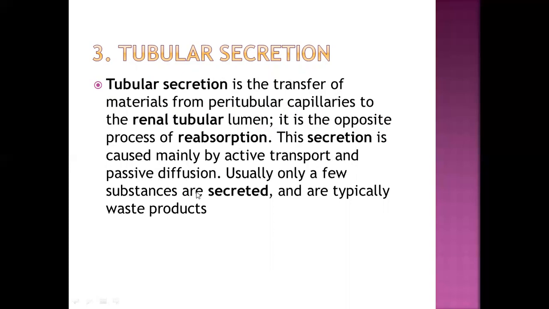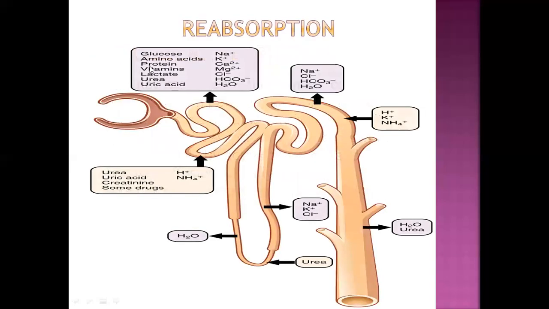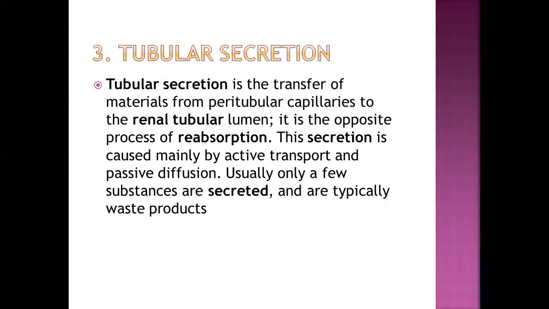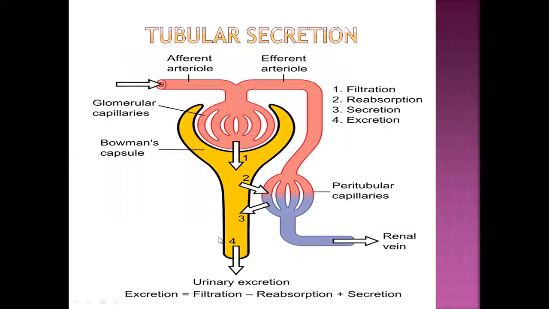Materials are reabsorbed into the blood because these tubules are porous and help in the secretion of these substances. Usually only a few substances are secreted, and they are typically waste products. This is tubular secretion, where molecules can move from the tubules to the capillary.